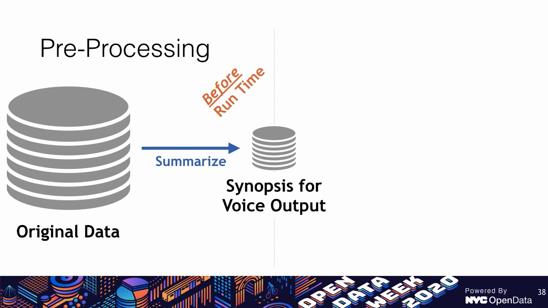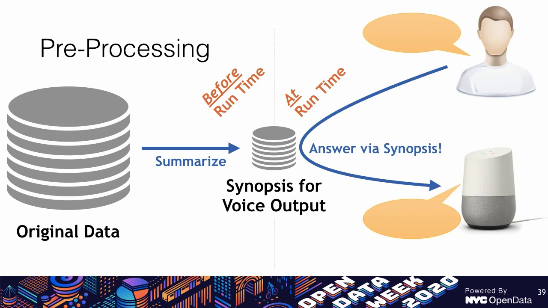We reduce the size of the data set by throwing away everything for which we know that it won't be relevant for generating voice output. This is what we do before runtime, and at runtime we have a very small synopsis of our original data, much smaller than the original data, and then if users issue speech queries, we simply look up the most interesting tendencies for that query in the previously generated data set.